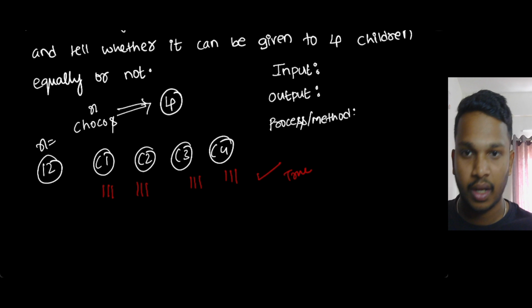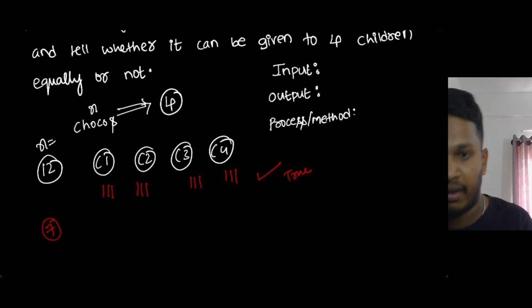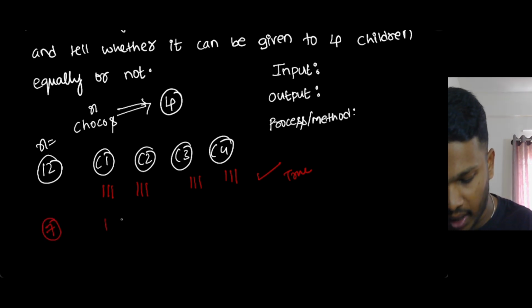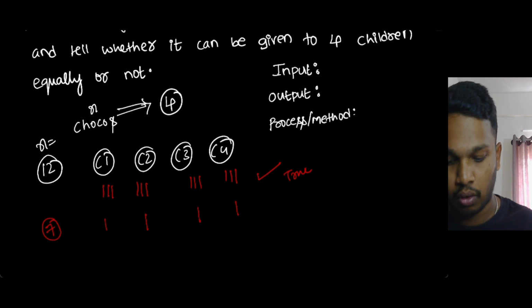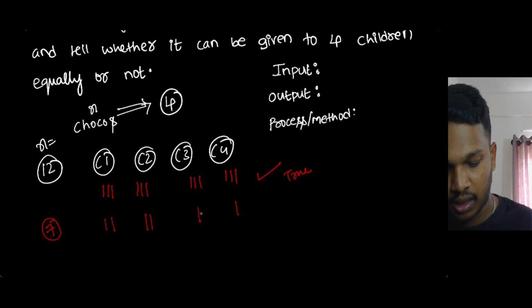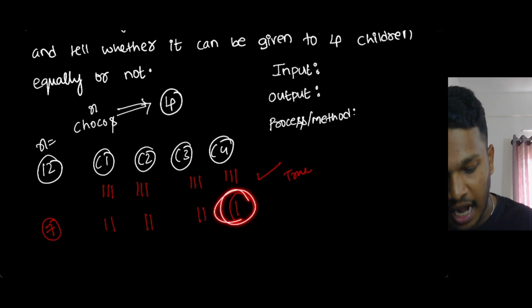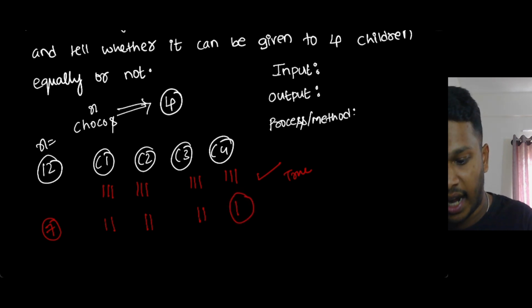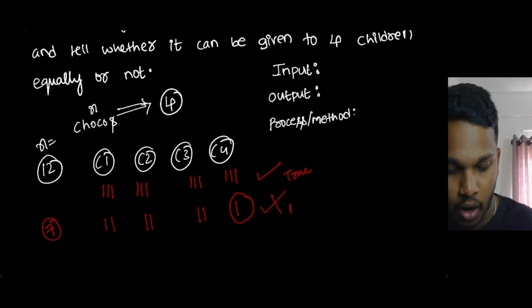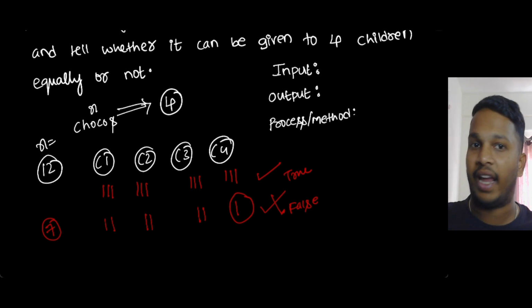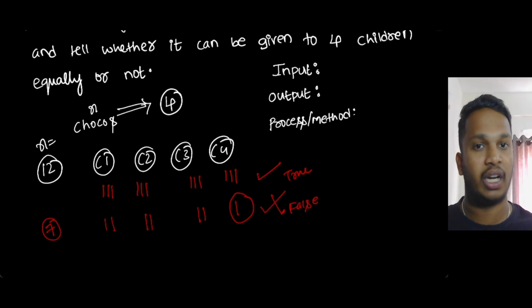If it is seven: one, two, three, four. Next, five, six, seven. So the fourth kid hasn't got one more chocolate, so I tell it as false. I cannot give seven chocolates equally to four children.